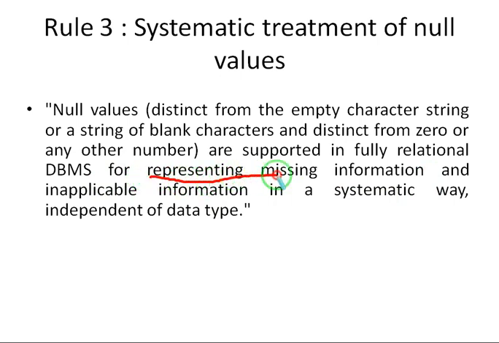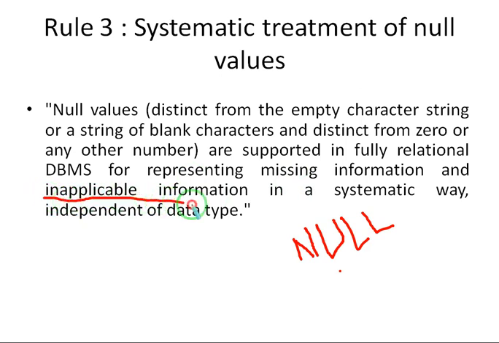The null value is distinct from the empty character string or a string of blank characters; we use the letters N-U-L-L. So this null value is supported in a fully relational DBMS for representing missing information and inapplicable information in a systematic way. Okay, and there is no data type.